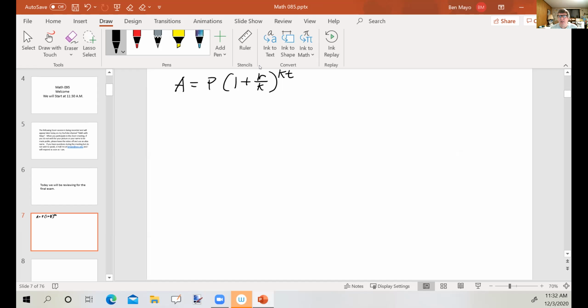So if it's annually or semi-annually or quarterly or monthly or daily, but it's not continuously, we use that formula, okay? If we have a situation where the interest or a population is compounded continuously, that's when we use this formula. Let's take a look at an example for the first formula.